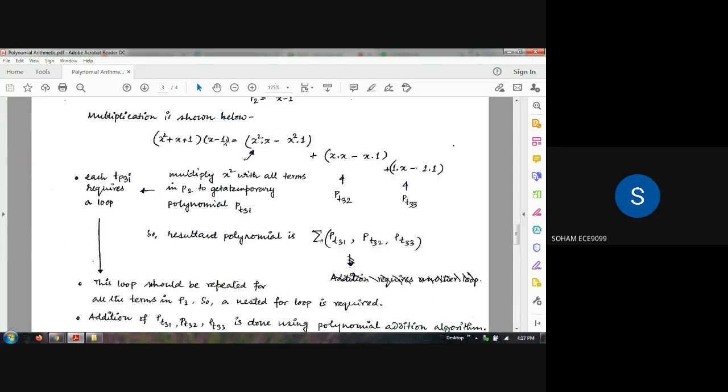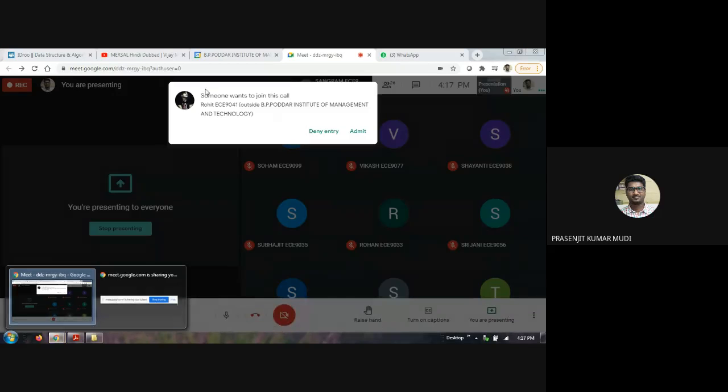This is a temporary polynomial, right? If we call these brackets temporary polynomials, then 3 temporary polynomials you will get. Why 3? Because the number of terms in the first poly is 3. This is very clear, right?